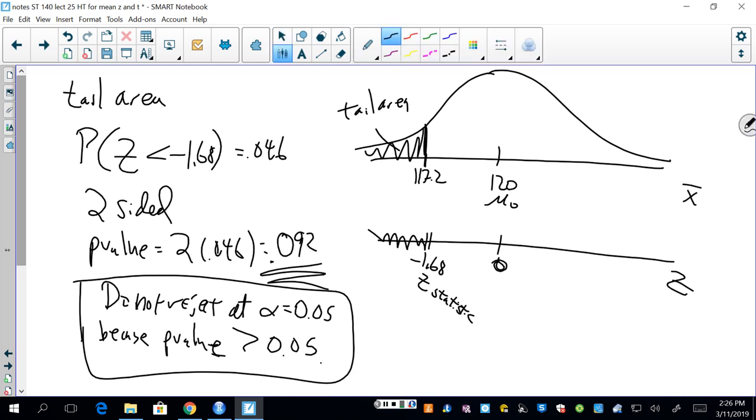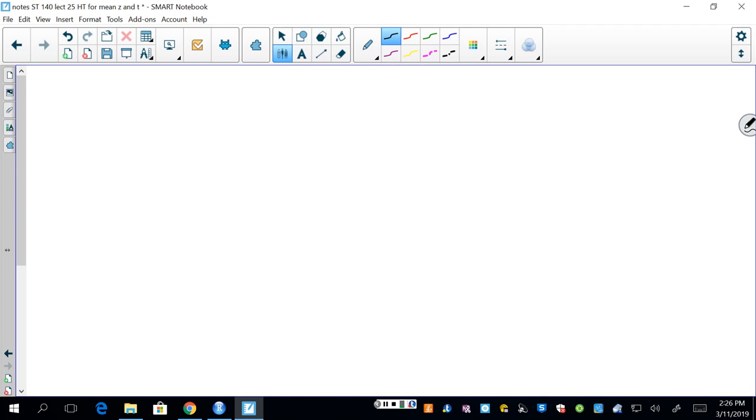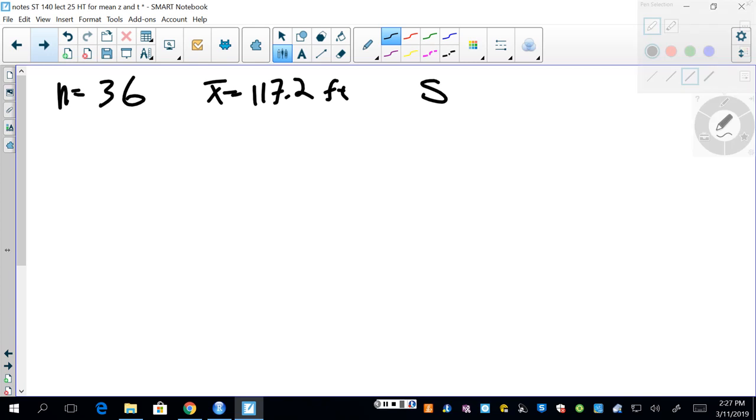The other variation of this example: we had n of 36, and x bar was 130.2 feet. Instead of knowing sigma, maybe this is s. What is that value of stopping? 10 feet.